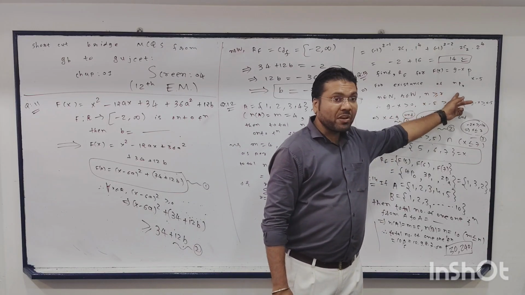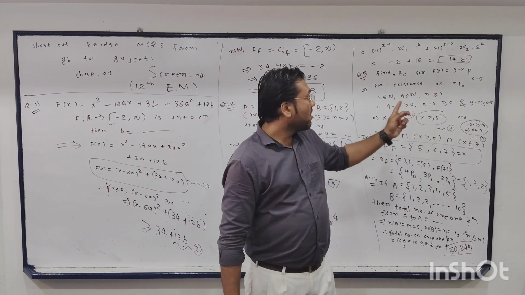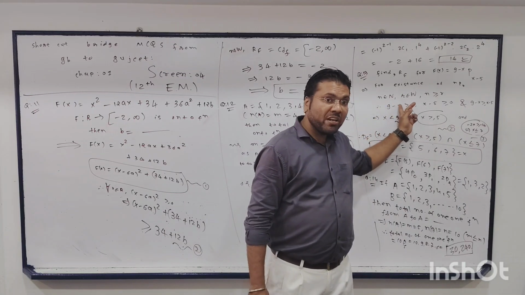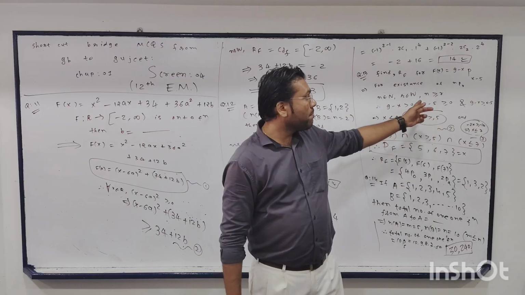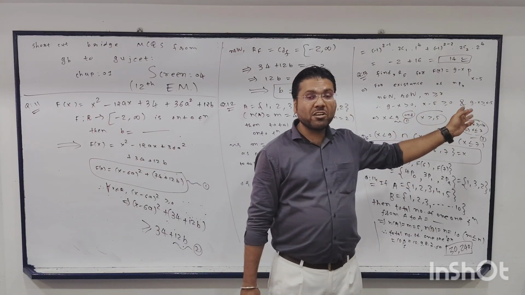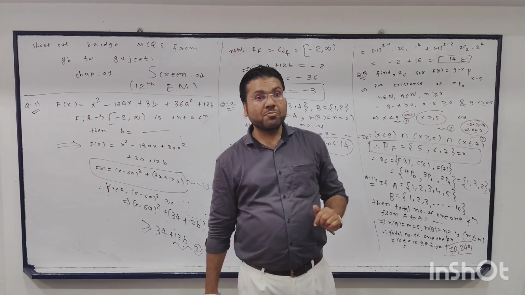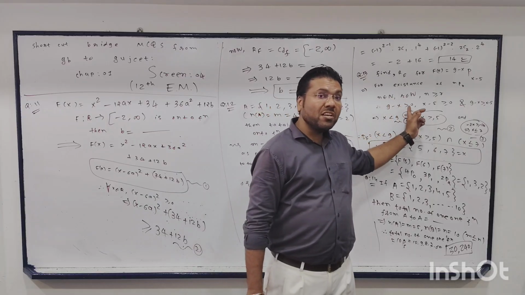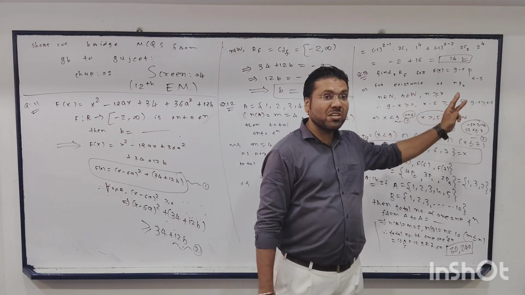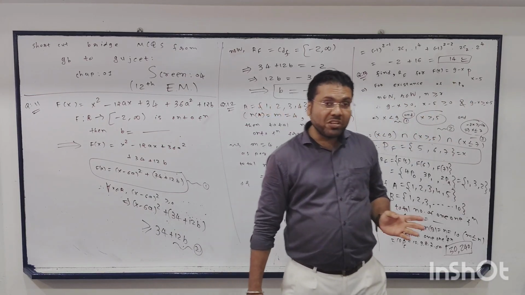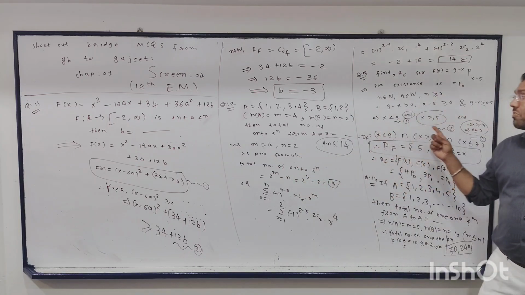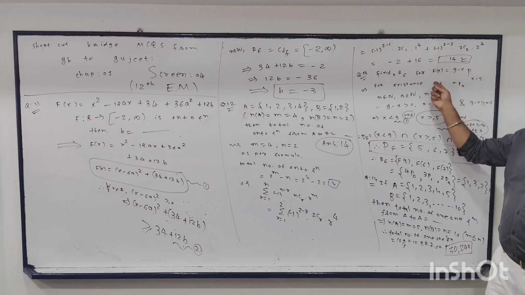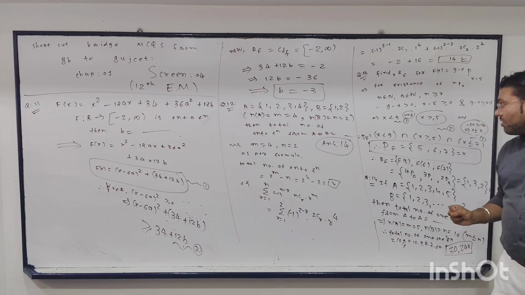This condition is valid only when n belongs to natural numbers, r belongs to whole numbers, and n should be greater or equal to r. So whenever you take the intersection of all of these three conditions, you will get the domain of f, or the values of x for which f of x exists.